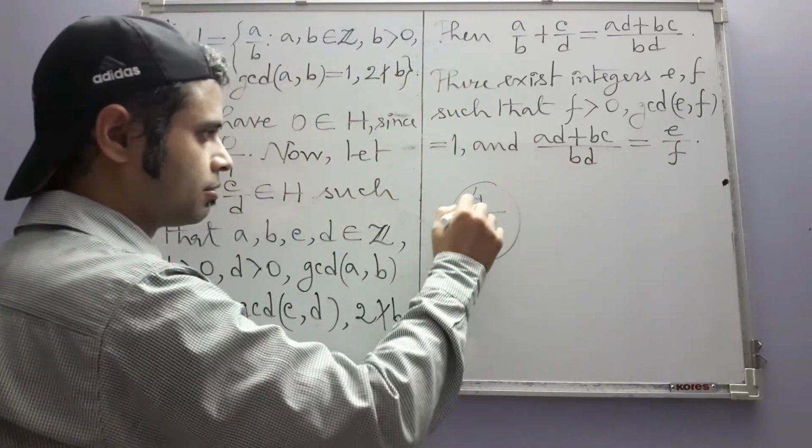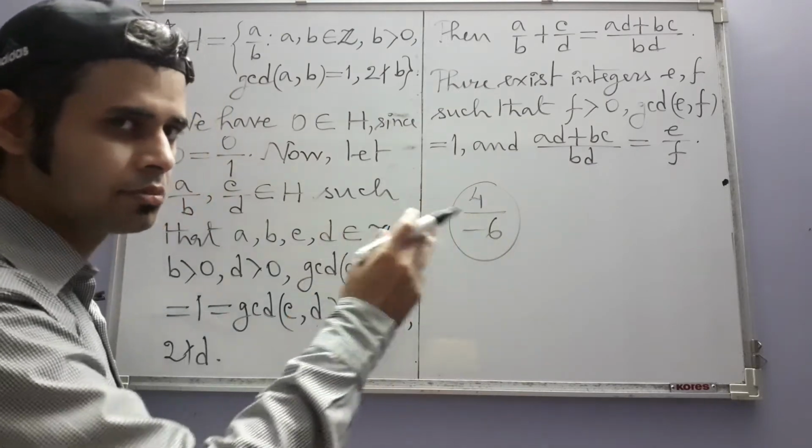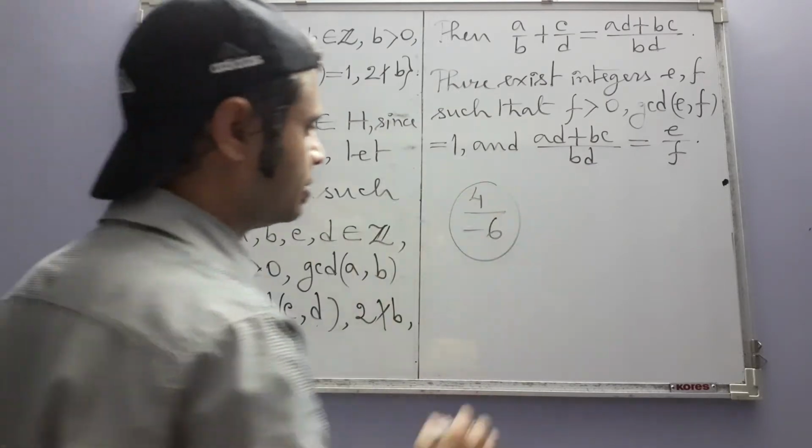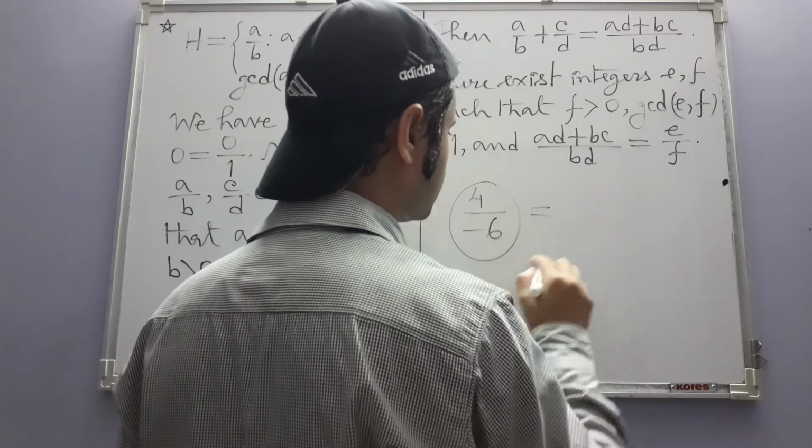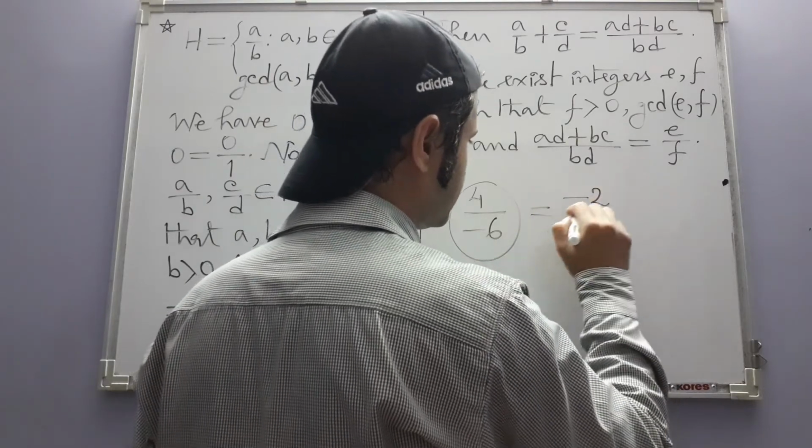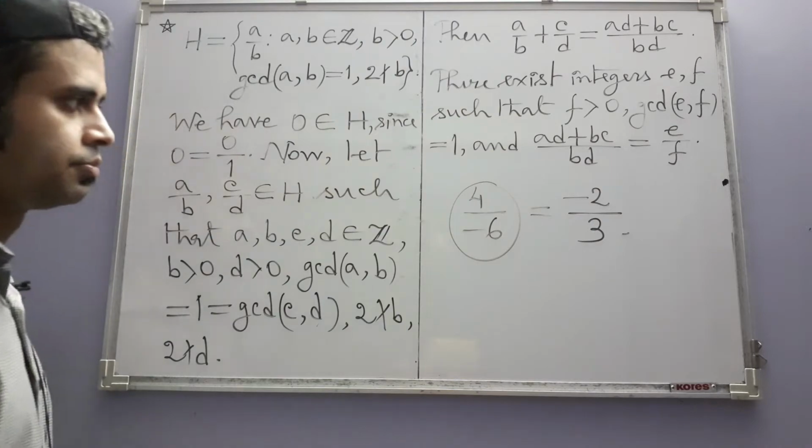So 4 divided by minus 6 becomes minus 2 divided by 3.